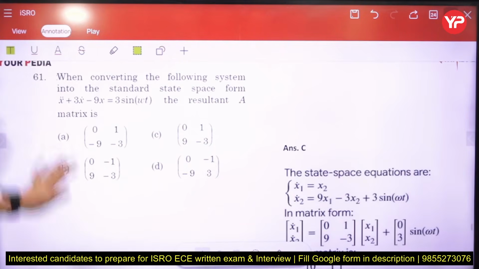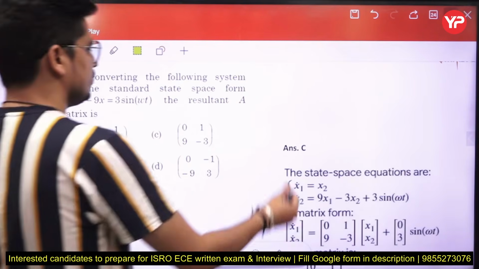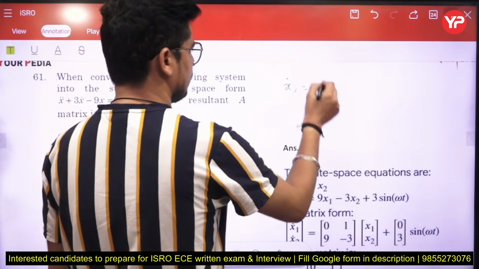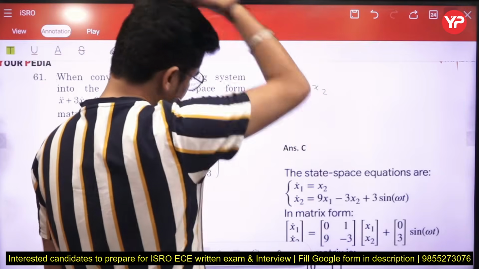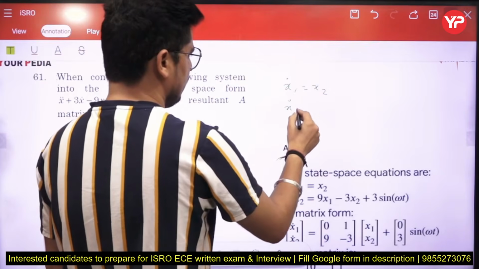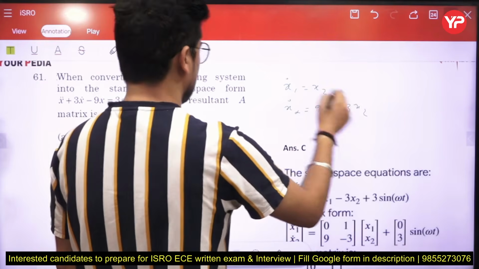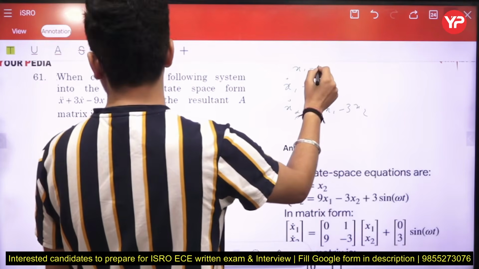When converting the following system into the standard state space equation, what should we do? We first assume that x1 dash is equal to x2, right, and x2 dash is going to be how much? 9 times x1 minus 3 times x2. We assume that x1 is equal to what?